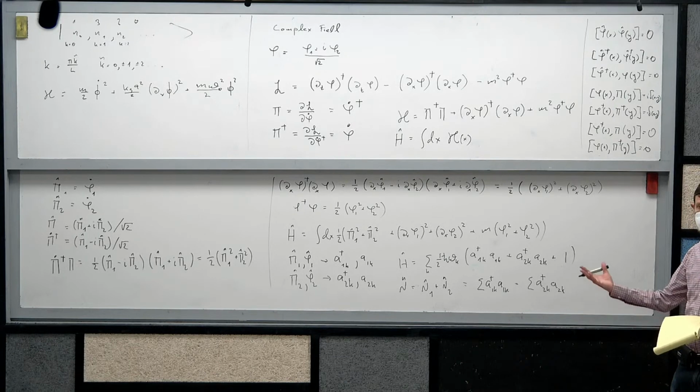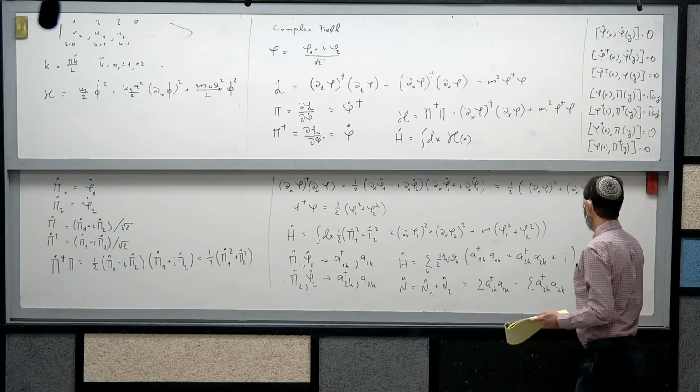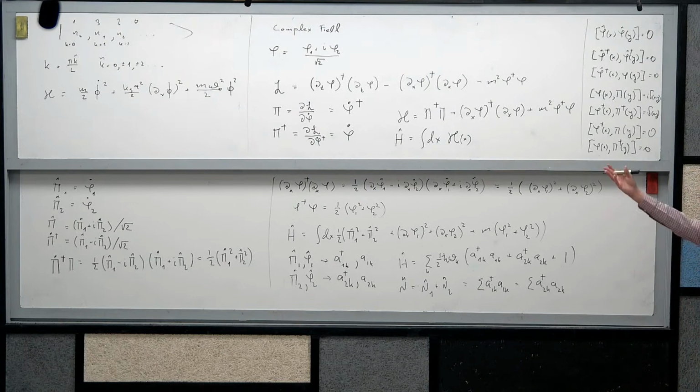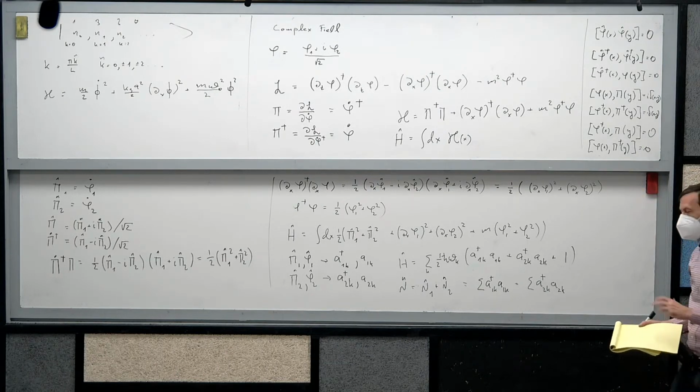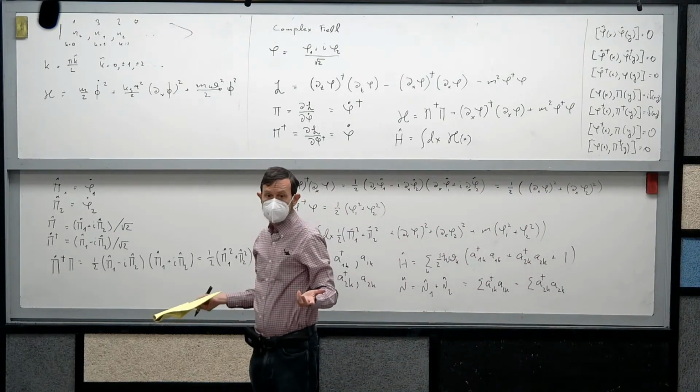Okay, the total number of energy quanta in this system will be a conserved quantity. Why? For the same reasons that we started the lecture with. Nothing changes.